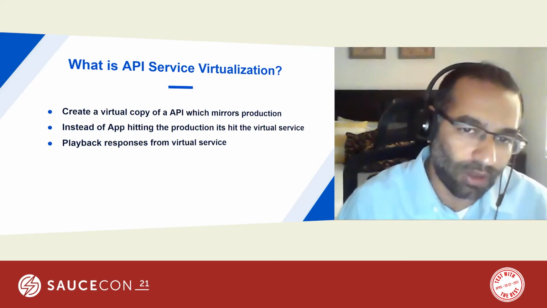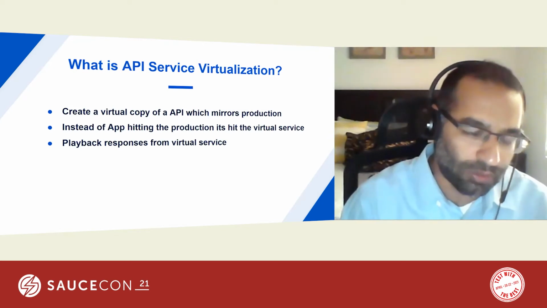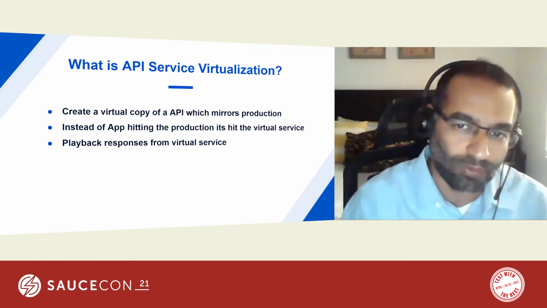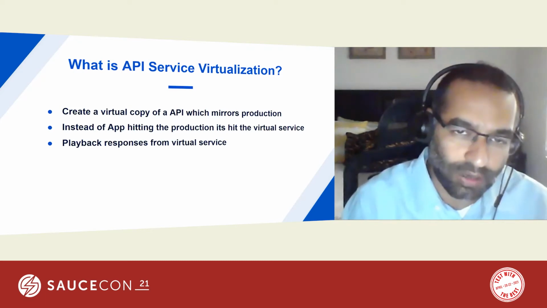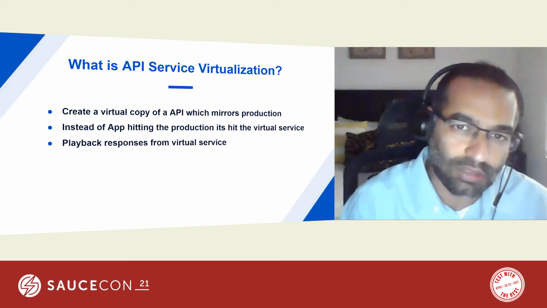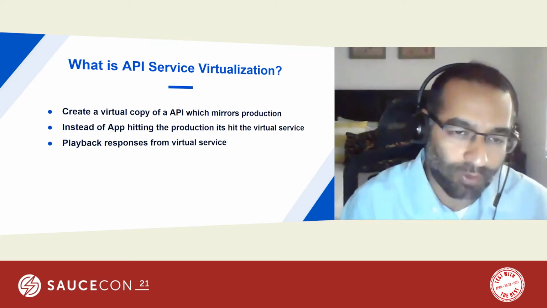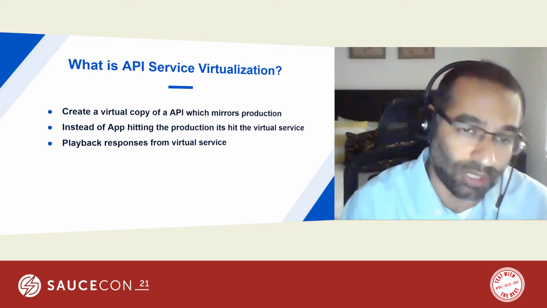The next step is that whatever responses you expect to get from a production API, you get the same responses from the virtual service, and you play back those responses. That more or less explains what service virtualization is. At a high level, it's a mirror of your production API, which provides the same feature set and the same responses you expect to receive from a production API.